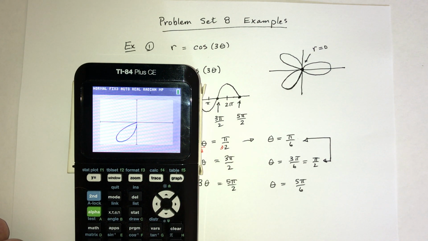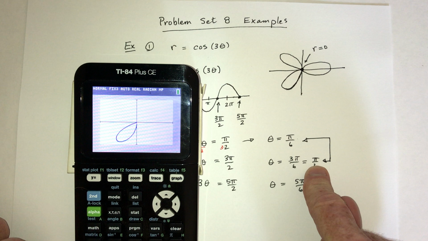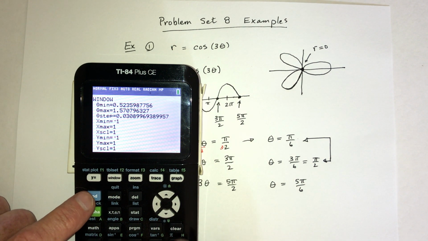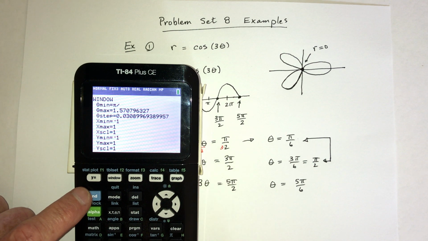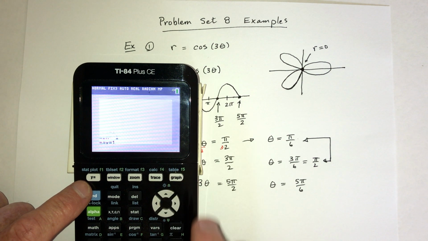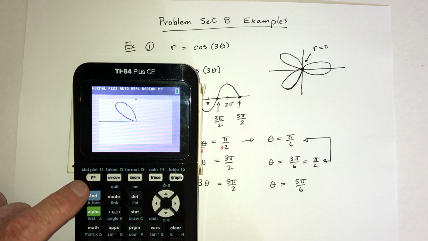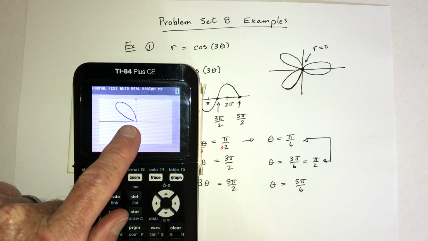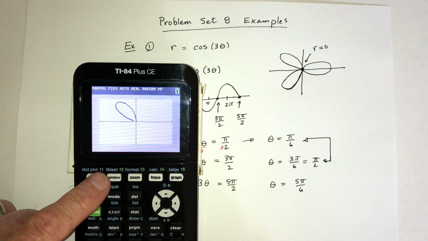Sure enough, that works. And if I would have chosen this one and this one, it should work also. It should give me a different petal. Pi divided by 2 to 5 pi divided by 6. So there's another possible answer. Now there's this little gap right here, but that's just the calculator making a small mistake.